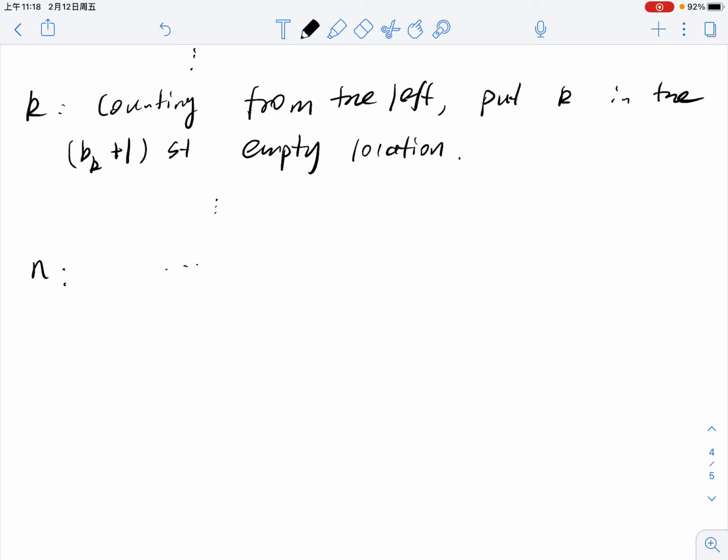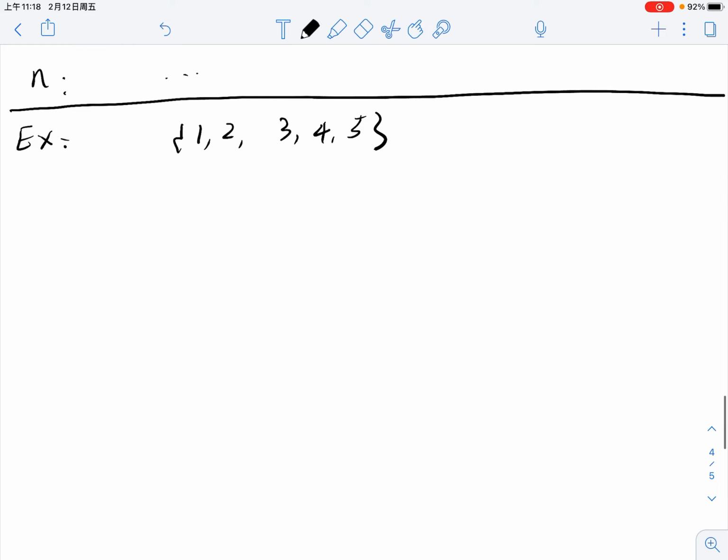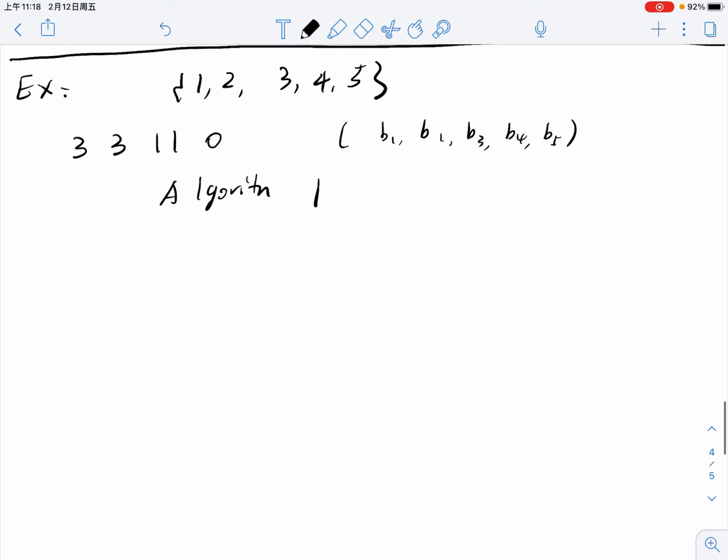Okay, now let's run the algorithm once. Suppose you have 1, 2, 3, 4, 5 elements, and the B sequence is 3, 3, 1, 1, 0. So this is B1, B2, B3, B4, B5. If we run algorithm 1, you do the last step first. So you put 5 here, and then you look at B4.